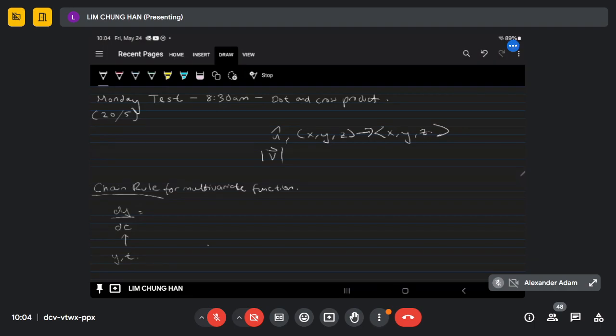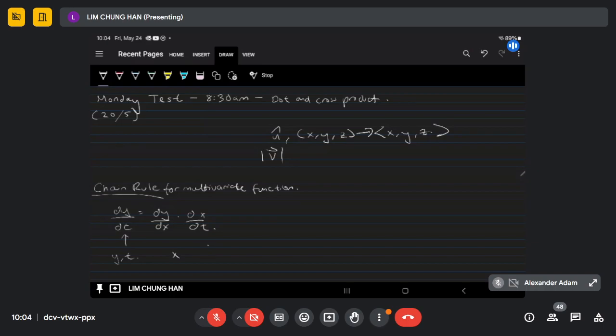What chain rule allows you to do is it lets you do this process by going through an intermediate variable. In this case, I may introduce an intermediate variable x. Then you can do dy/dx times dx/dt to get your dy/dt.